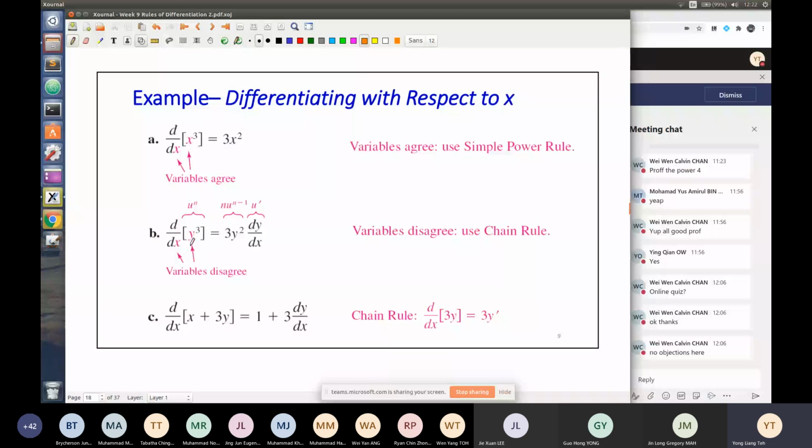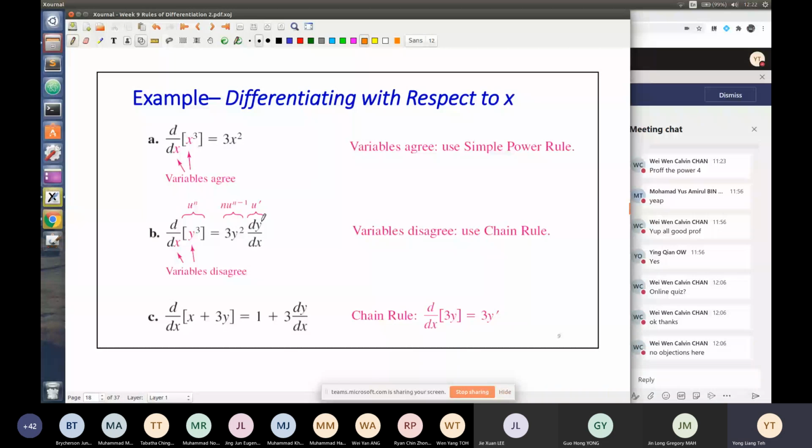We do this because we know that y is a function of x. So when you differentiate y cubed, differentiate with respect to y first, as if y is your independent variable. Hence, differentiate y cubed, get 3y squared. Then, because y is a function of x, the chain rule comes in and you have a dy dx by the side.